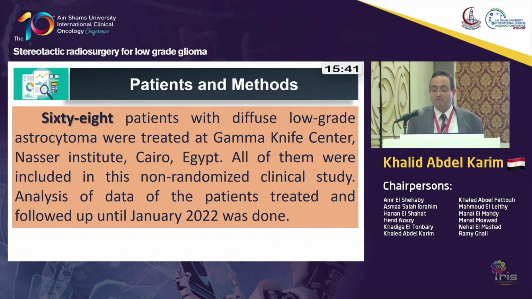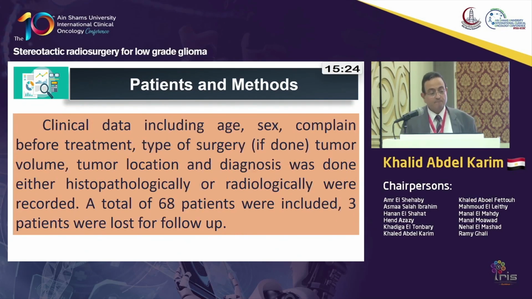68 patients with diffuse low-grade astrocytoma were treated at Gamma Knife Center, Nasser Institute. All of them were included in this non-randomized clinical study, analyzing the data of the patients treated and followed up until January 2020.